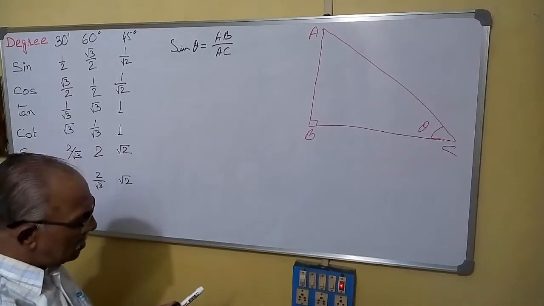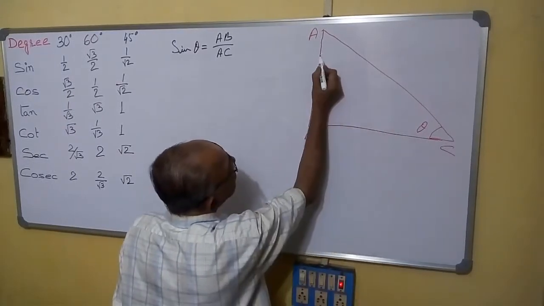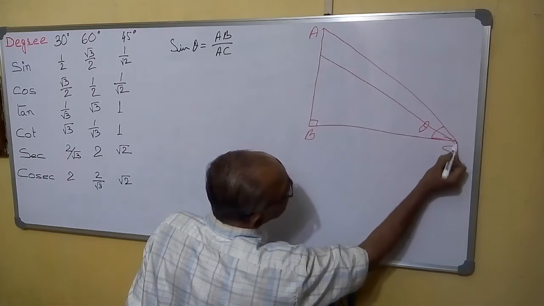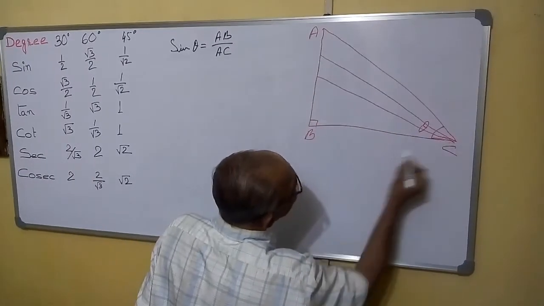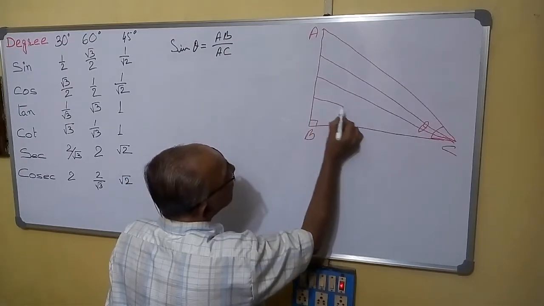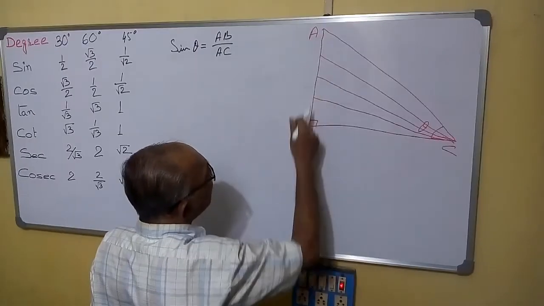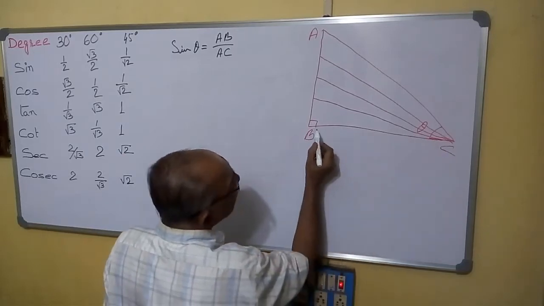Now see, if we are making theta smaller, let us assume if we are bringing it here, then theta is becoming smaller. If we are bringing it further here, theta is becoming further smaller. As we are bringing down A, the angle is becoming smaller and smaller.